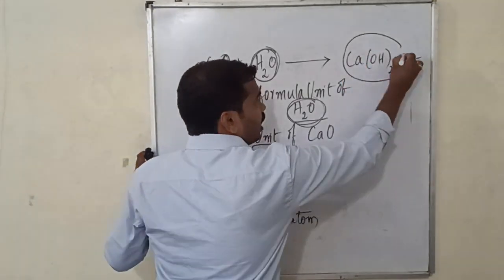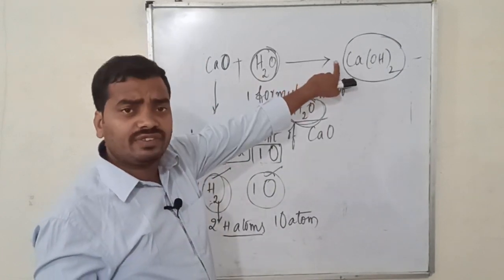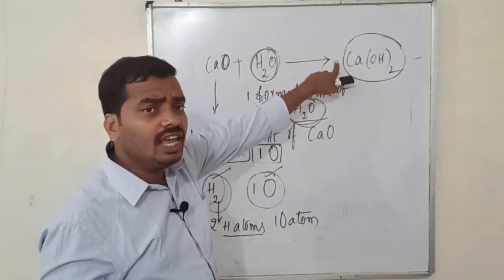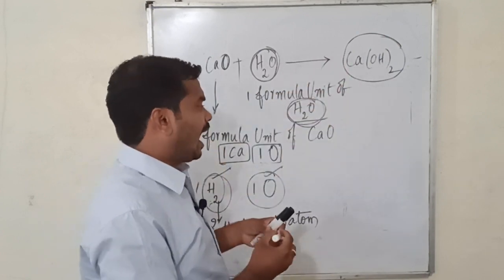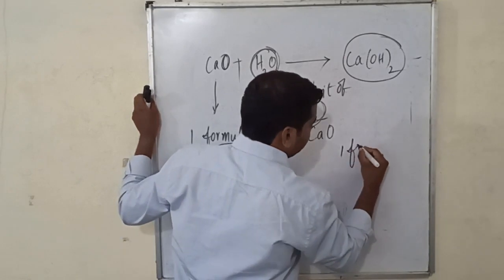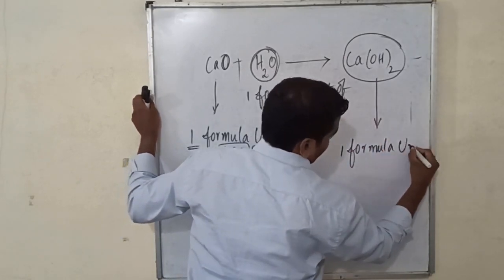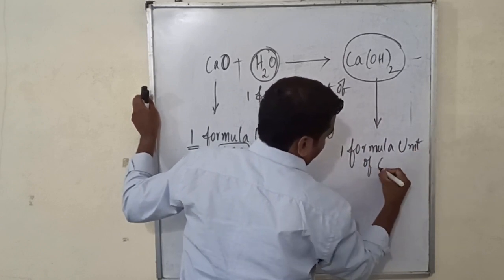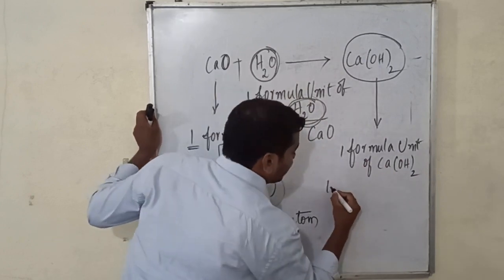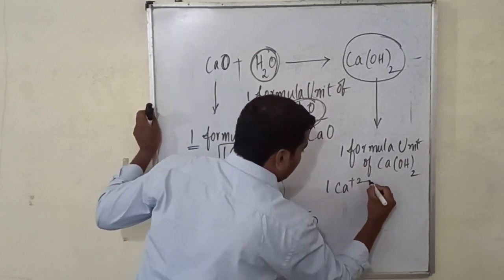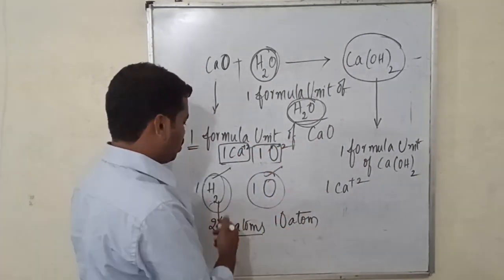Now you come here. Here calcium hydroxide is entirely one compound. So if nothing is written in front of calcium hydroxide, then you must understand that it is one formula unit of calcium hydroxide. That says one calcium ion. Same way here also you can write, I already told you, 1 minus 2, like this you can write.